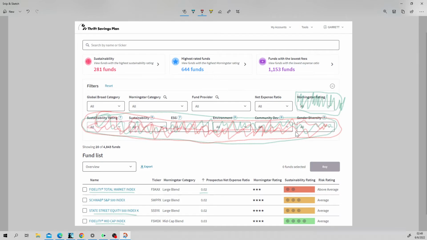Yeah, maybe I'll do a video on ESG at some point, but I'm just enjoying drawing red across all of this nonsense. Okay, Morningstar rating. Guess what? That's also nonsense. Why is it nonsense? I can prove it to be nonsense on this screen.